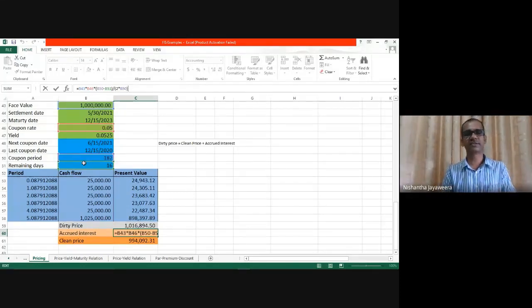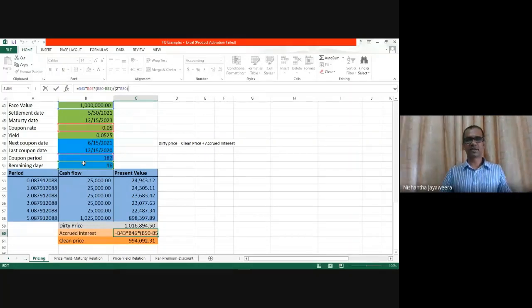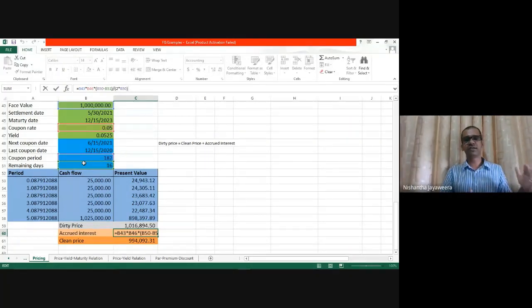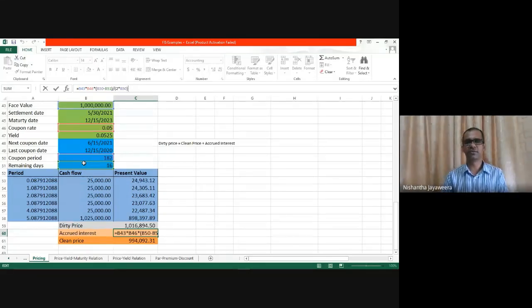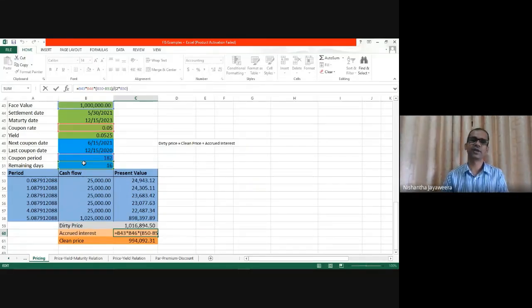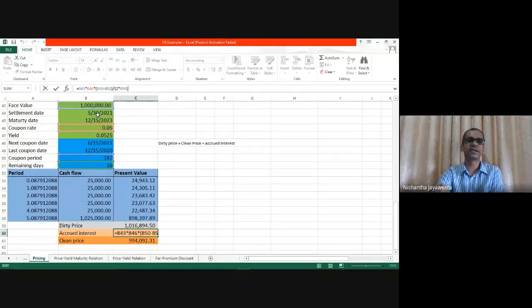Once you take that difference, you get the number of days between the last coupon date and the settlement date. Or you can do it the other way around: take the difference in days between the next coupon date and the settlement date, and use it here.